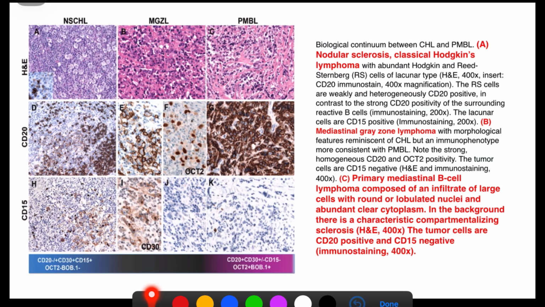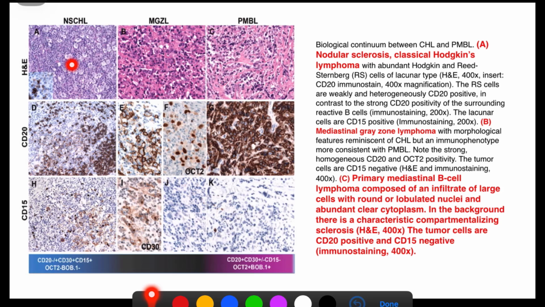See here, these are three different types of lymphoma showing H&E, CD20 and CD15, as well as OCT2 and CD30 markers. Here this is the nodular sclerosis classical Hodgkin's lymphoma.